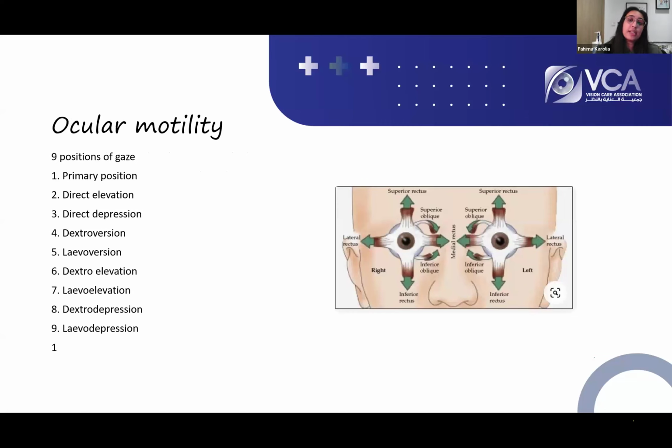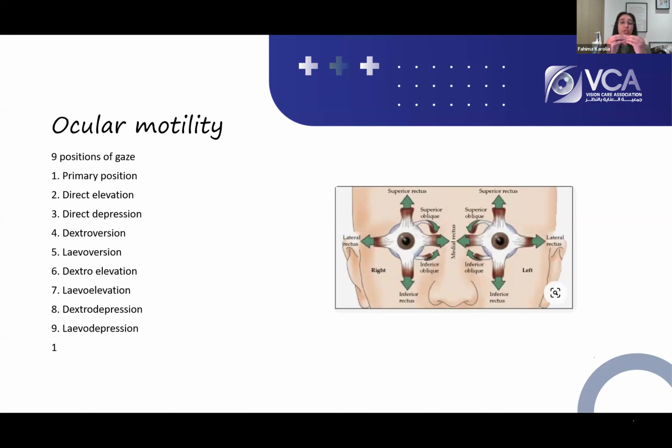Okay, next thing we do normally as an orthoptist is ocular motility. So we test the patients in 9 positions of gaze. We start off in primary position and we do a cover test. It doesn't matter what sequence you go in, absolutely doesn't matter, as long as you do all the 9 positions of gaze.